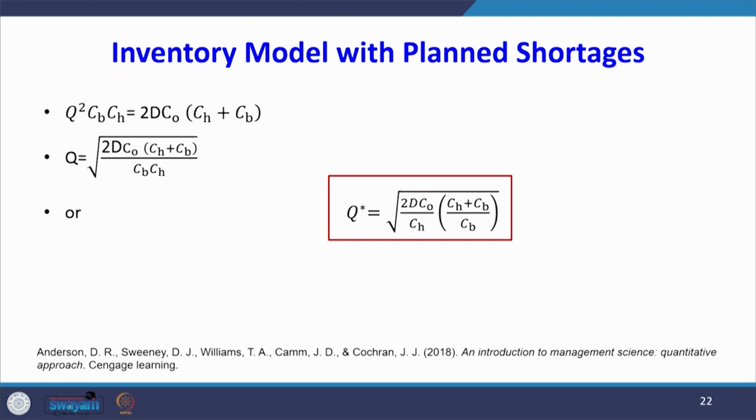So, when you bring it to the right hand side, we get the value of q square. When you take the square root, you will get 2 D C naught into C h plus C b divided by C b C h. Here I am going to readjust this. We know that the expression 2 D C naught by C h is the formula for our traditional EOQ. So, I am grouping 2 D C naught by C h. The term C h plus C b by C b is the new term we have added into this model to find the value of Q star.